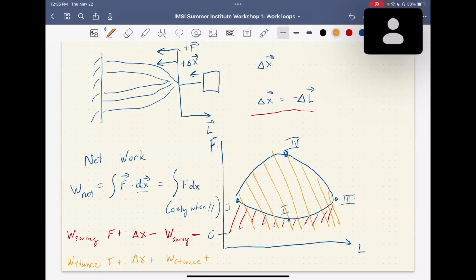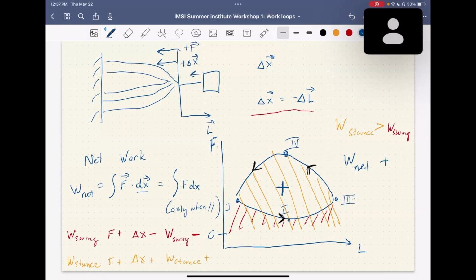What you'll notice is that this curve goes counterclockwise around the loop. When it goes counterclockwise like that, it means that the work done during stance is going to be greater than the work done during swing, and the net work is going to be positive. So this is a positive work loop. It produces net work on the system. It will positively increase the energy of the system.